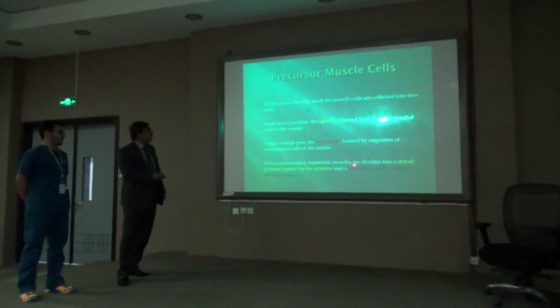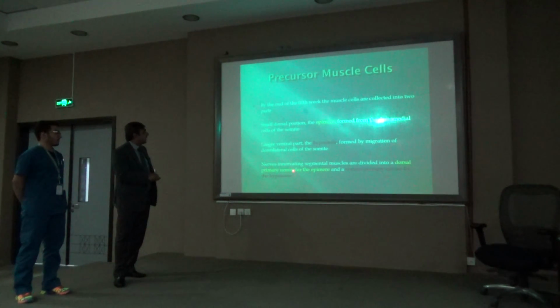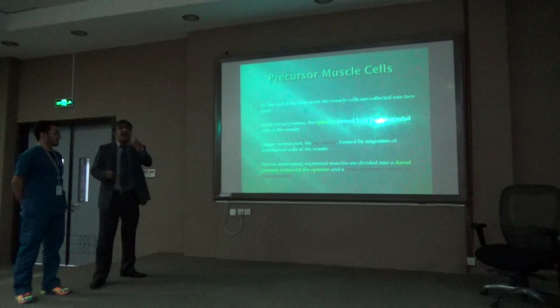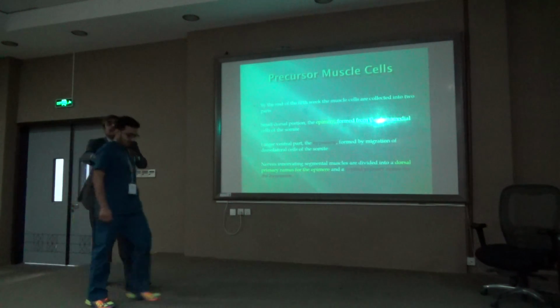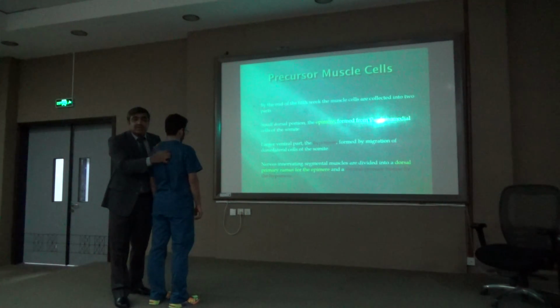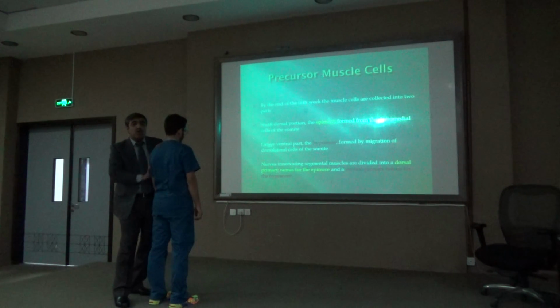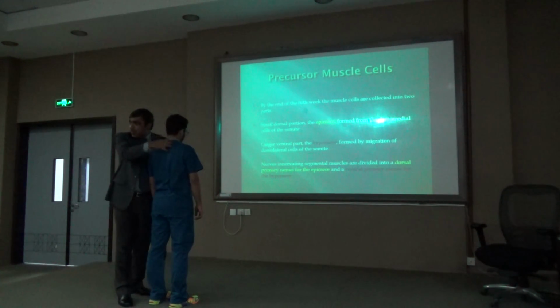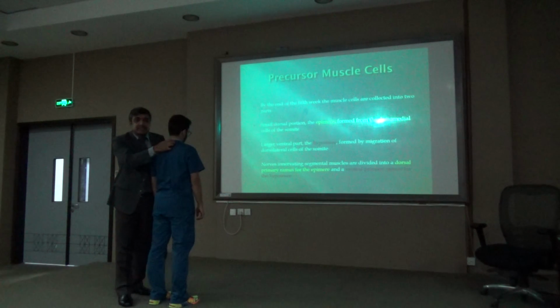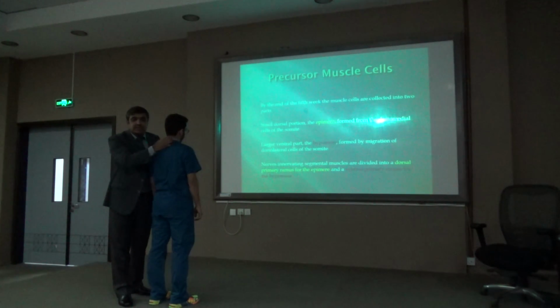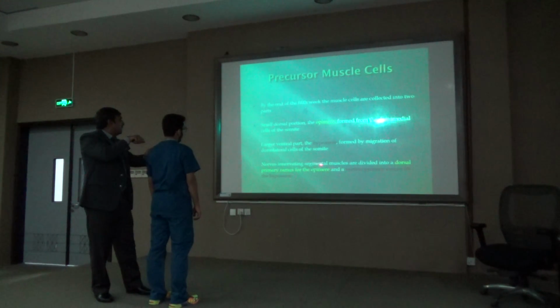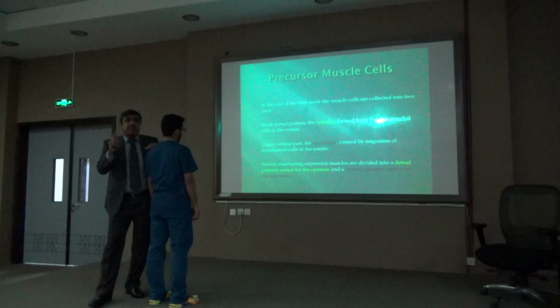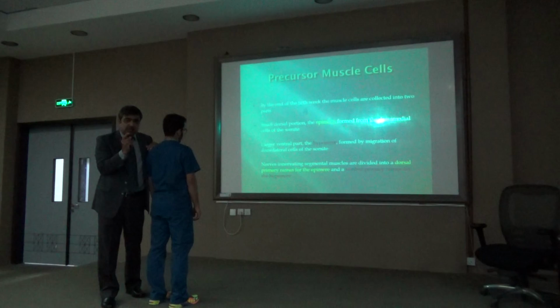Nerves innervating segmental muscles are derived from the dorsal primary ramus for the epimere and the ventral primary ramus for the hypomere. As I explained earlier, the nerve supply to the muscles of the body wall and the limbs comes from the somite region of the spinal cord. These epimere and hypomere form different types of muscles in the body.